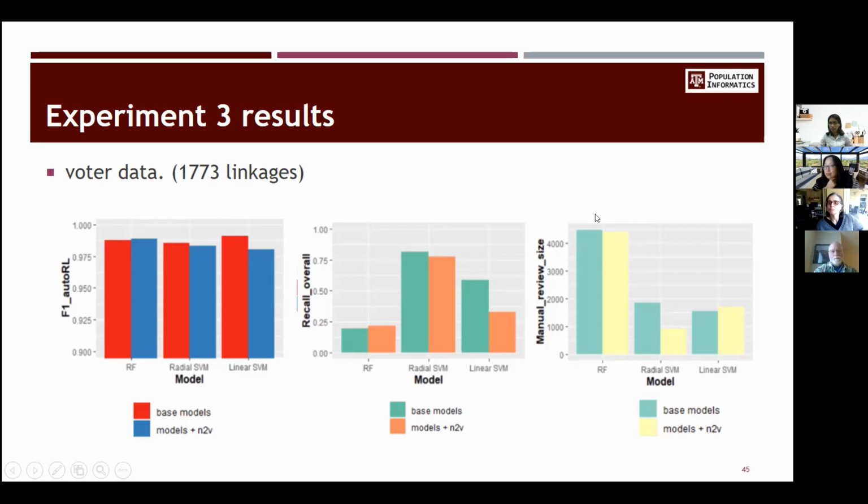We cannot see a significant change in the manual review size for the two others, random forest and linear SVM. And also here, we can see a big reduction in recall for linear SVM. It means that we couldn't catch many true positives for linear SVM.